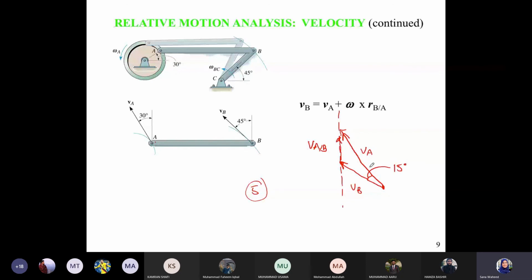And then again I can use trigonometry to figure it out, or if I've already drawn it to scale, I can just measure off of them. Okay? So guys, making sense? And we understood omega, that it was rotating. Omega AB was in this way, upwards, sorry, anti-clockwise.